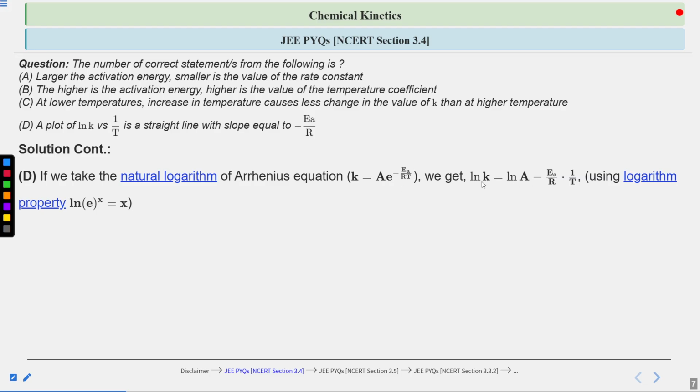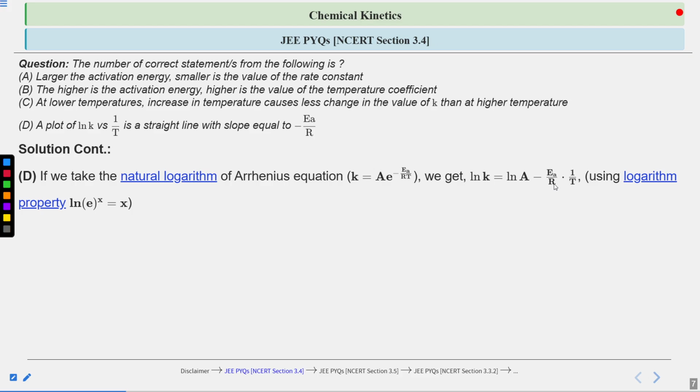Here ln has base e, and this value is also e, so ln e is 1, and whatever is present in the power comes out as a product. That is the log property which we are using here. So ln k equals ln A minus EA by R times 1 by T.